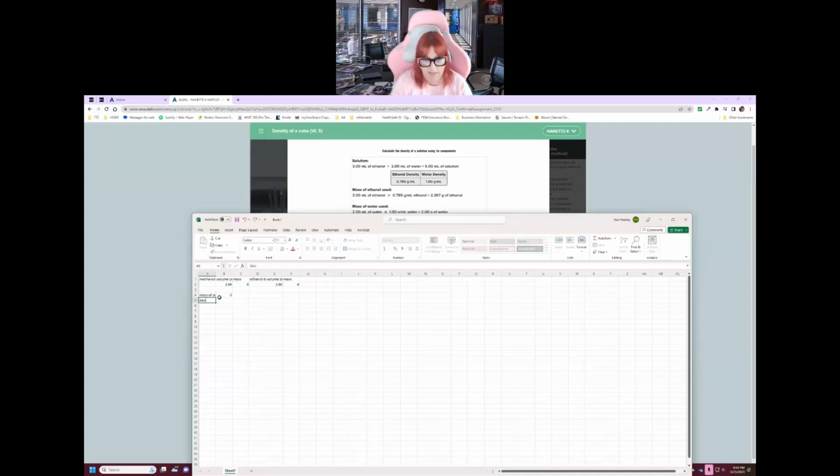And then I will have a density, and the volume that I have is equal to the volume here plus the volume there. Density equals that mass divided by that volume. And again, I have a 0 right now because I don't have any values.